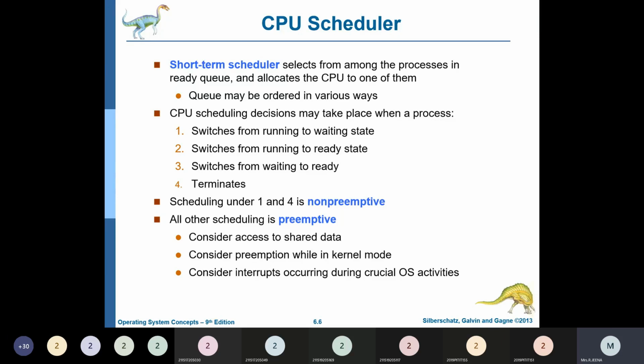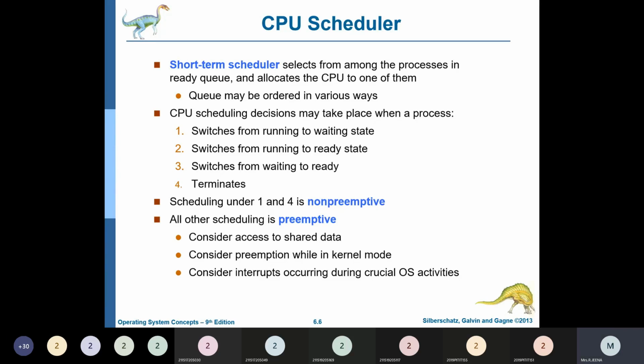CPU scheduling decisions may take place when a process switches from the running to a waiting state, which happens in SJF or priority scheduling. While running, for the remaining time, it will again go through shortest job first scheduling. We saw that P1 will again be put into the ready queue and come at the fourth position, right? So P1 is transferred from the running to the waiting state.